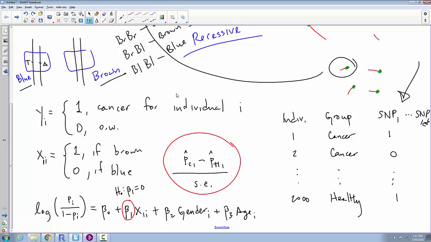Suppose we wanted to ask, is PSA associated with SNP1? Does SNP1 associate with PSA? That's not a logistic regression problem anymore because PSA level is going to be a numerical value. I don't know what the usual range is, but your PSA is 62.4. It's not 0, 1. What would you do?